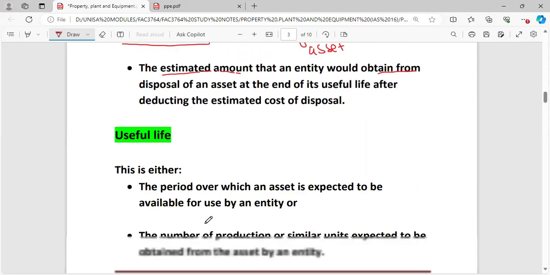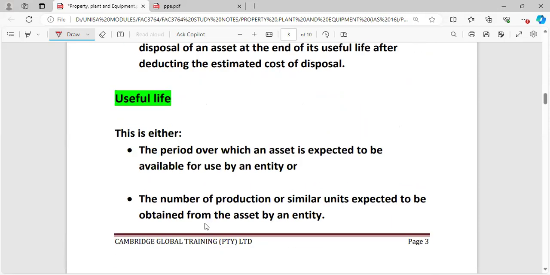Then the useful life of the asset, I think this one is also straightforward. The useful life of the asset, this is the period that we expect to use the asset. In your questions, you use the useful life to calculate depreciation.